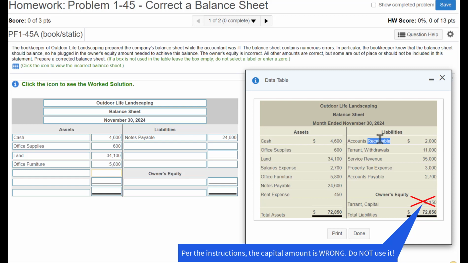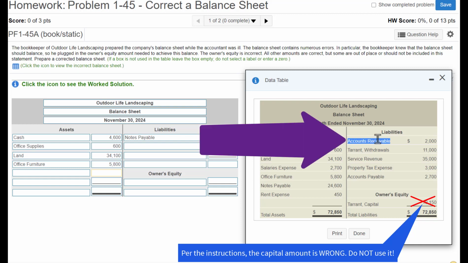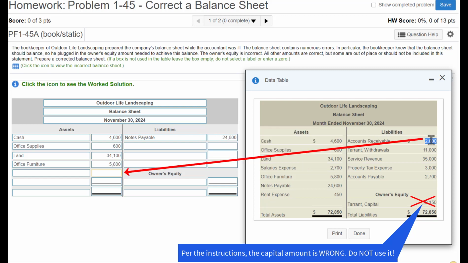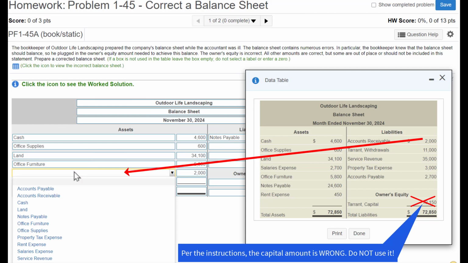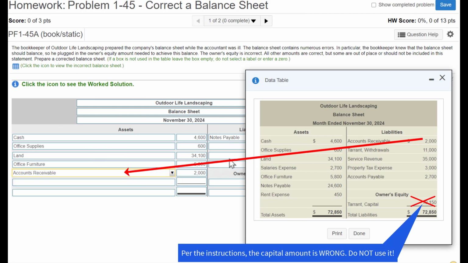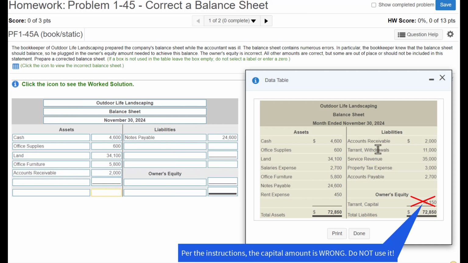Then over here in the liability section, we've got accounts receivable. So is accounts receivable a liability? No, that's an asset. So we need to move this over to our asset section. Accounts receivable. And notice next we've got withdrawals.